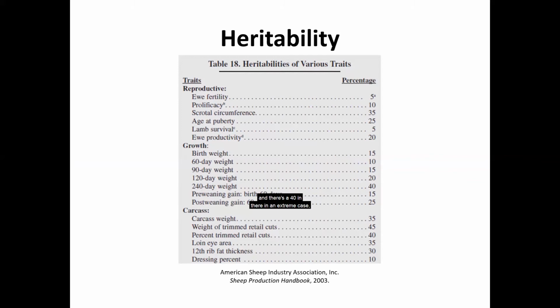Growth traits land somewhere between 10 to 25% heritable. There's a 40 in there in an extreme case, but that's a mature weight. And carcass traits are slightly more heritable than that, roughly 25 to 45. Okay, so reproductive traits are lowly heritable, carcass traits are the most heritable.